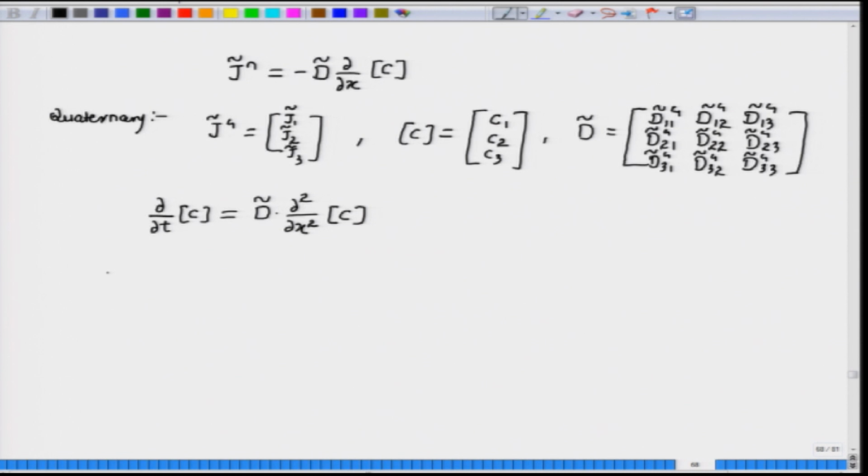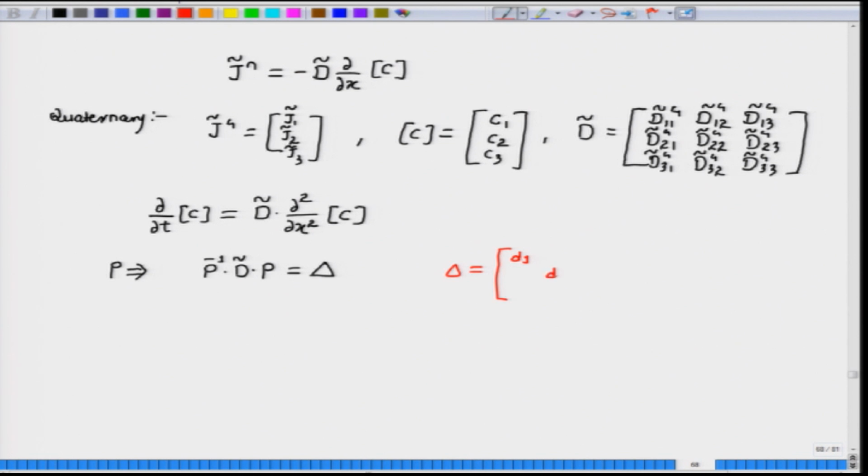This similarity transformation matrix P is defined such that if we pre-multiply D tilde by inverse of P and post multiply D tilde by P, we get a diagonal matrix delta. Right. So, here delta is a diagonal matrix and it is obtained by arranging the eigenvalues of this D tilde matrix along the diagonal, right.